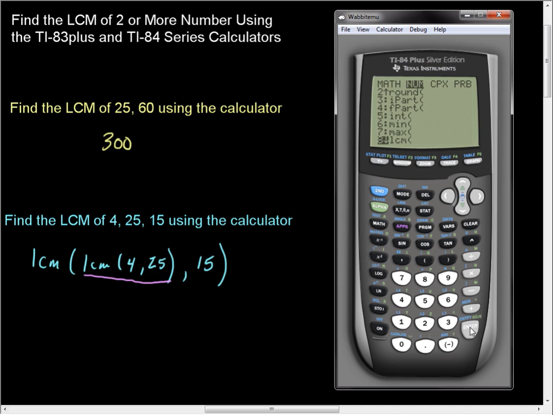On the next one, I'm going to press 8. Next I want to put in an embedded least common multiple, because I want to find the least common multiple between 15 and whatever the least common multiple of 4 and 25 is. And so I need another one. So I hit math, over to num. Now I can press 8 and it will automatically put it in there for me. Now I hit 4, comma 25.